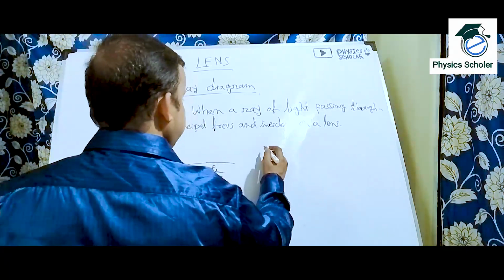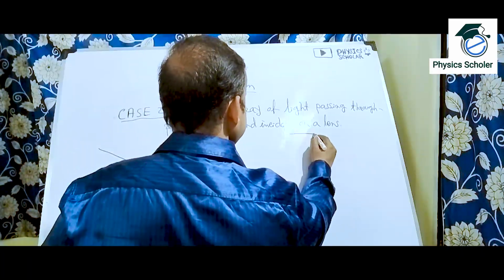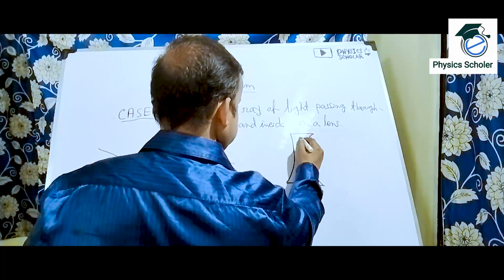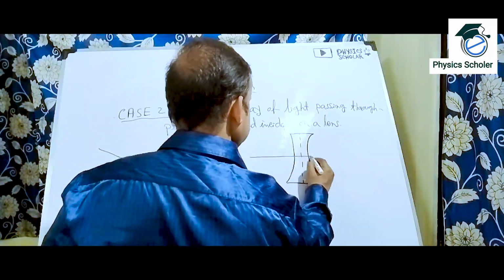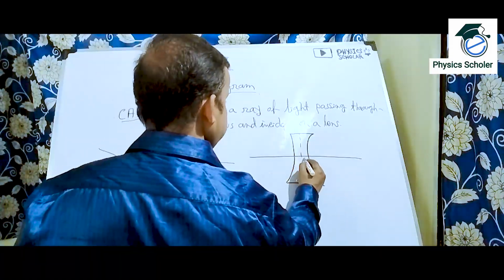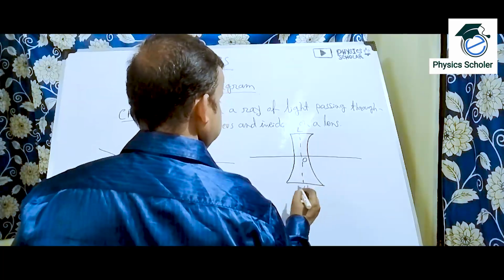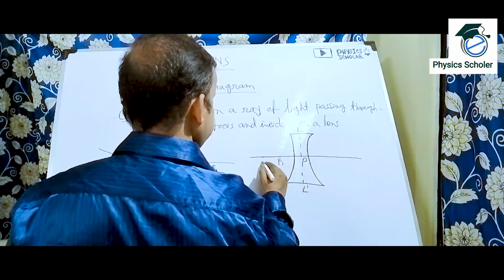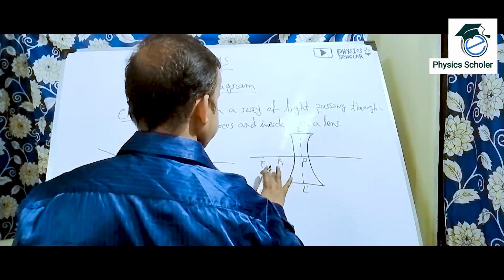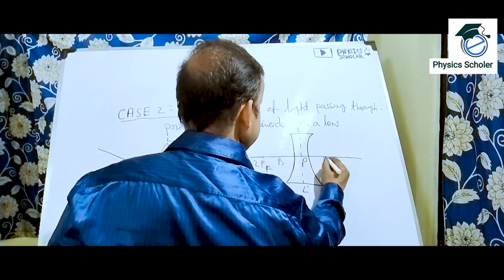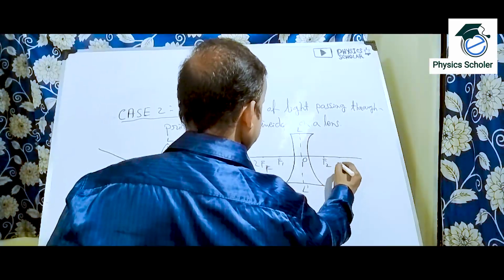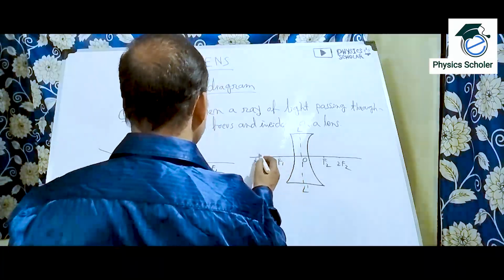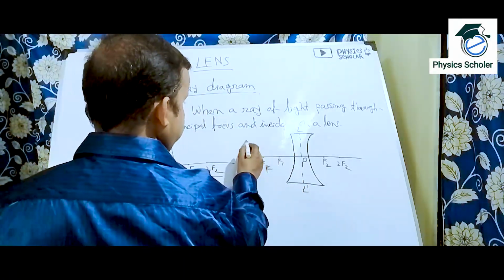And for the concave lens, this is the principal focus, this is the lens, this is the optical center, and this is the double focal length. Now what will happen?